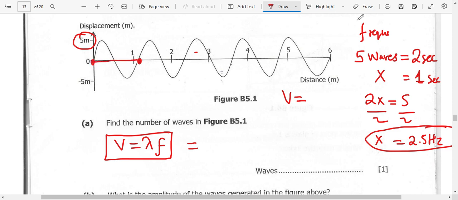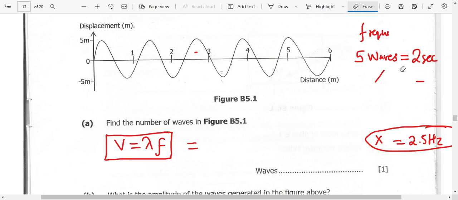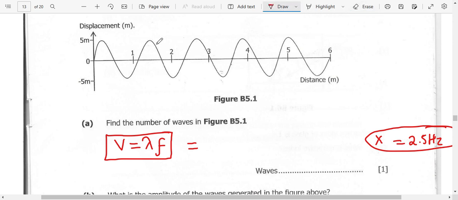That's what I'm calling wavelength. Are you sure? Please understand the question. What's the wavelength? I already explained what a wavelength is: the distance from here up to here.